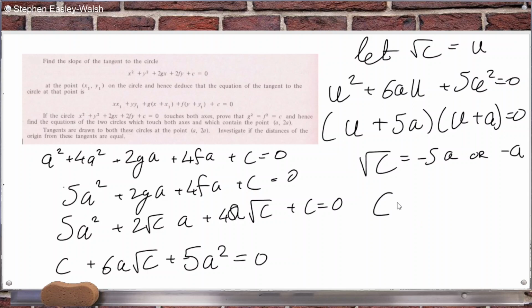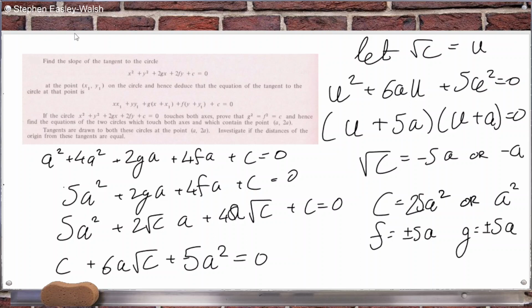So that means c equals 25a squared or a squared, which means then f would equal the root of c, plus or minus 5a, and then g would equal the same thing, plus or minus 5a. Okay, so I have f, g, and c.